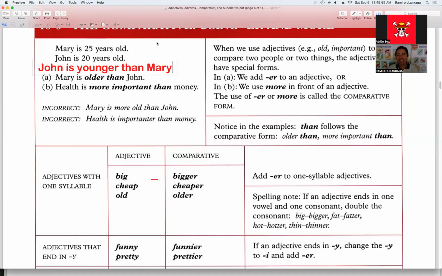It means the same, it's almost the same. When we say Mary is older than John, pretty much I'm telling you that John is younger than Mary. And Mary is older than John. It's the same idea. Okay, so let's continue.